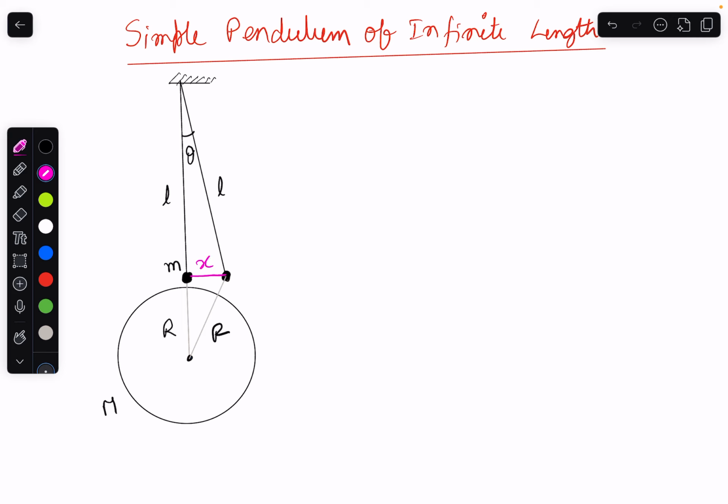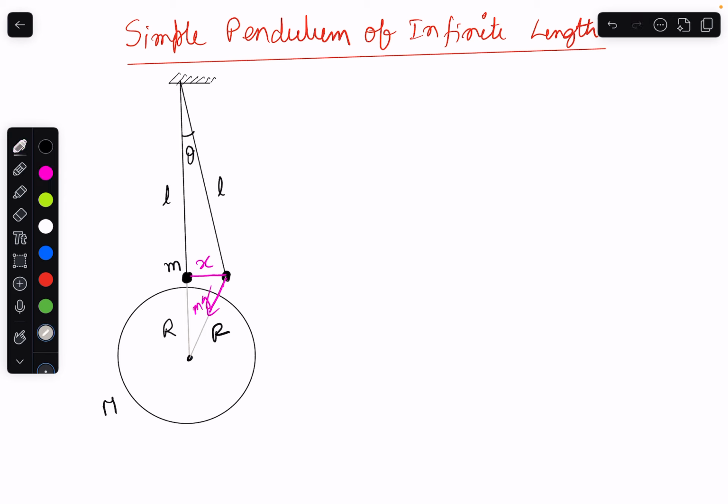Another thing that is to be kept in mind is the weight mg, one of whose components gives us the restoring torque. It will not be acting vertically downwards, but it will be acting towards the center of the earth like this. In this direction it will be acting, mg.